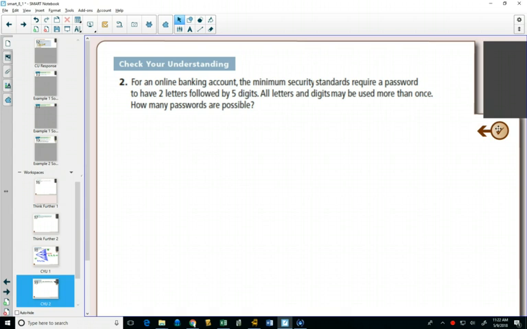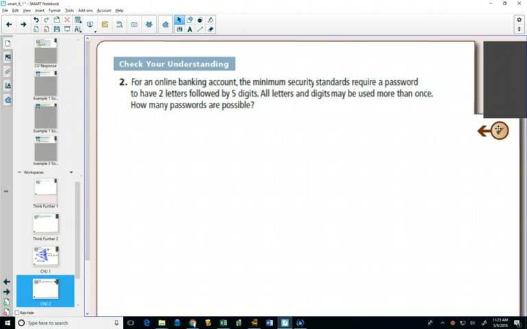When we look at license plates, they use the fundamental counting principle to determine how many license plates we can make in Manitoba. Why is it that Ontario has one more letter in their license plates than we do? That's because they ran out of license plates, so they had to add an extra letter. How many more license plates does that make for them? And so all of this is based on this idea of the fundamental counting principle.